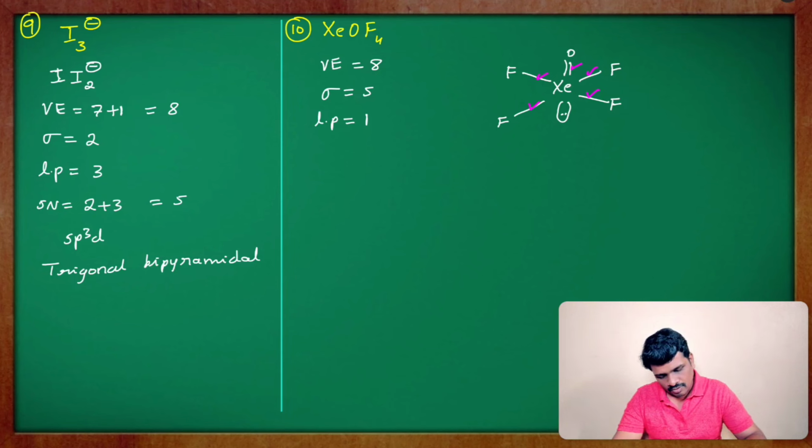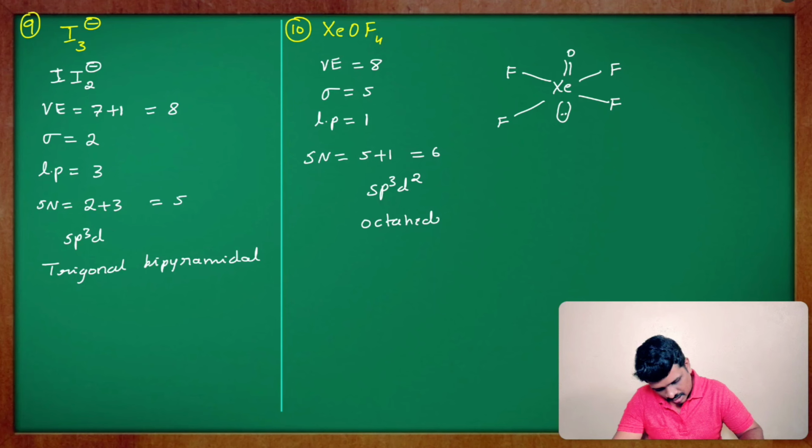Okay, so now let us calculate steric number. Steric number will be equal to 5 plus 1, which is nothing but 6. 6 means sp3d2 hybridization. So the structure will be octahedral.